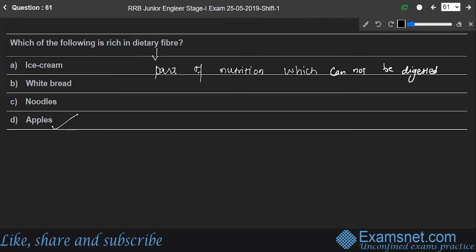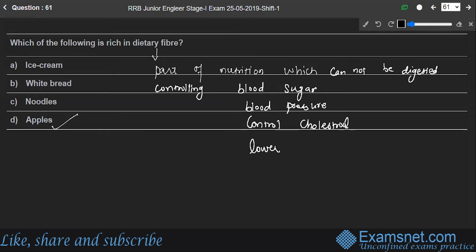It helps in controlling blood sugar, blood pressure, and cholesterol level of the body, and also helps in lowering weight of the body.